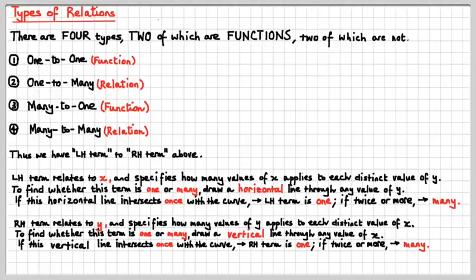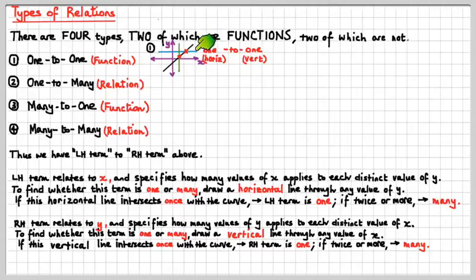Now, I know that sounds clear as mud. Just watch this. I'll show you some examples of each of these 4 little beasties up here, 1, 2, 3, and 4. Here we go. This one here is just a linear graph.